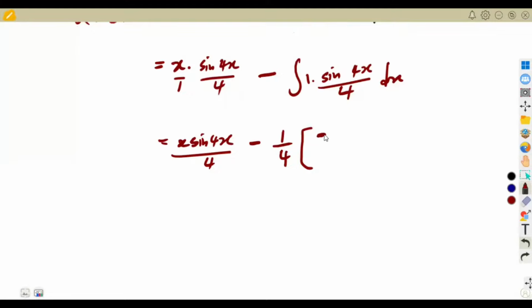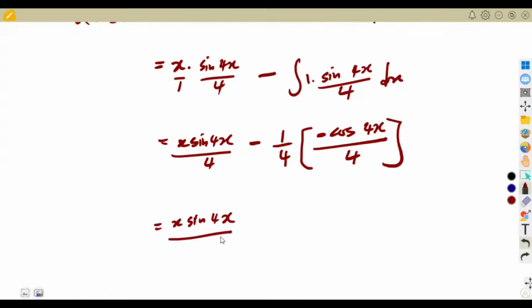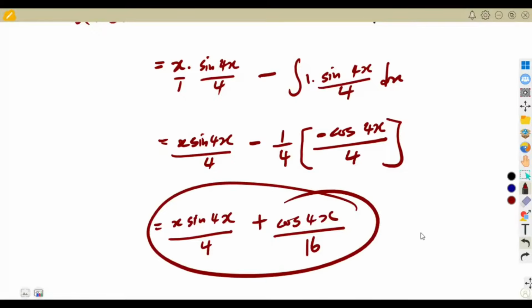Remember, sine changes to a cos, so it's negative cos 4x over 4. Then we combine this: x sine 4x over 4, minus and a minus is a positive, so you multiply 1 times cos 4x over 4 times 4, which is 16. Yes, we've got the constant of integration, but forget about that because we are still working out our question.